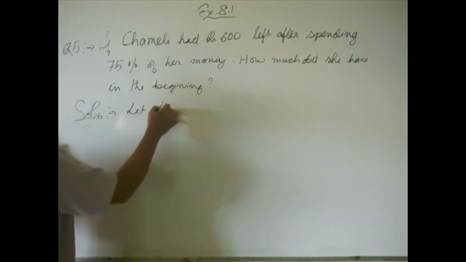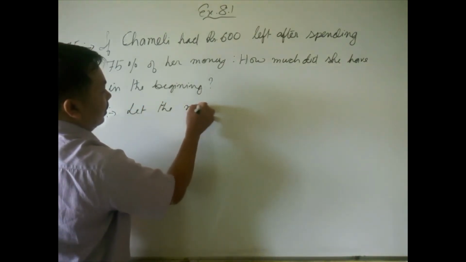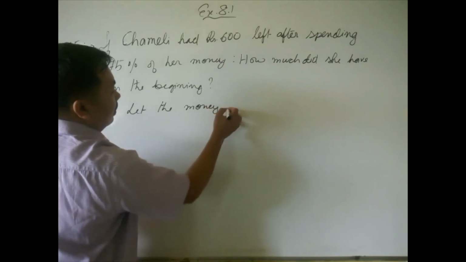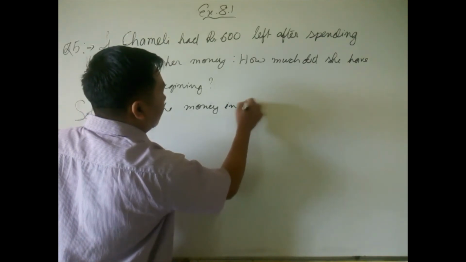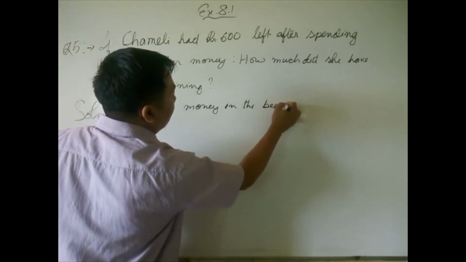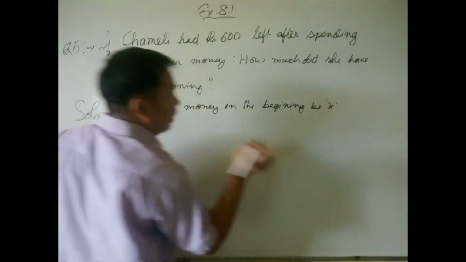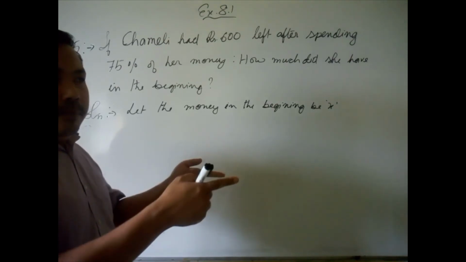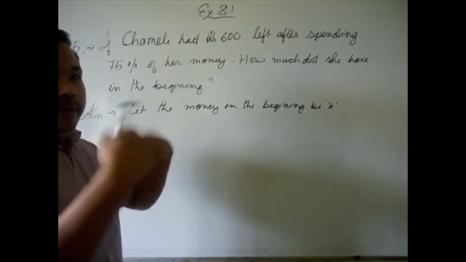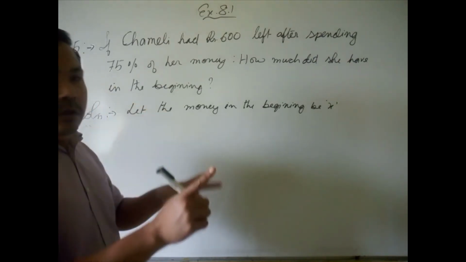Let the money in the beginning be x. Means what was the money in the beginning before spending 75%? After 75% she got only 600, isn't it? But in the beginning, how much was there? We don't know, so we take x.